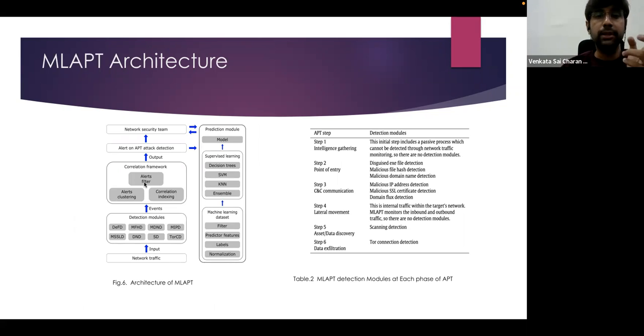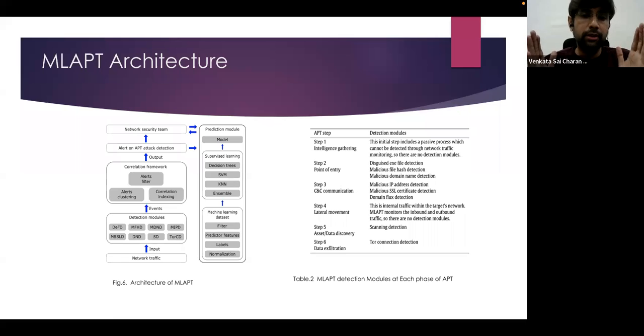Alert filter means it will try to remove or clean the redundant alerts, basically removing the scrap. And then alert clustering. In order to identify an APT attack, we need to understand that this series of attacks needs to happen within a particular time bound.